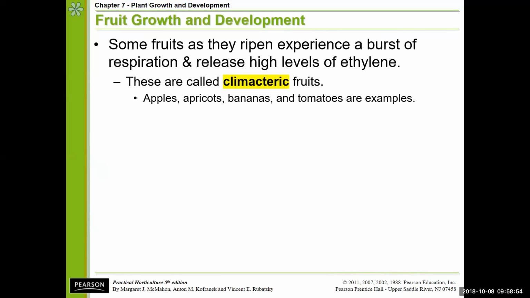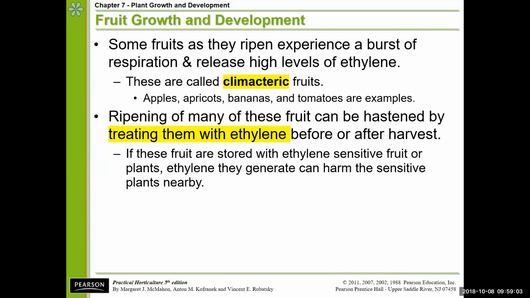However, in many cases, we harvest these fruits close to ripeness or completely unripe, and then hasten the ripening either before or after harvest with ethylene gas exposure. So in the transport of the fruits, or even when they reach their destination and before they're put on display, they're being gassed with ethylene, which itself is a plant hormone that causes the fruit to continue to ripen.